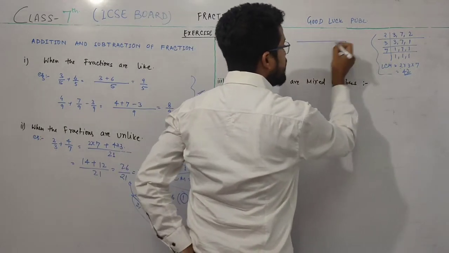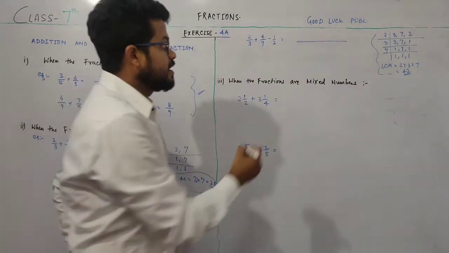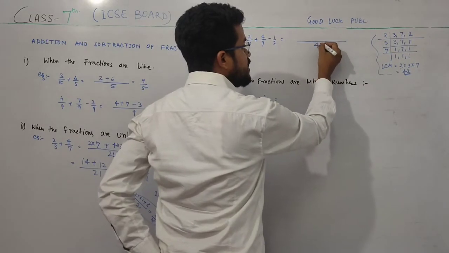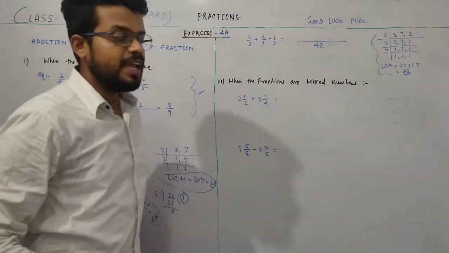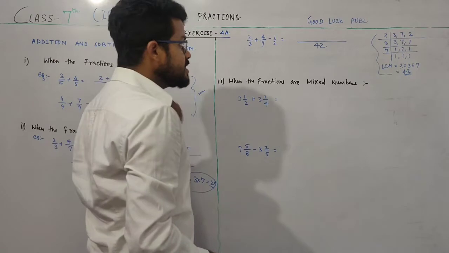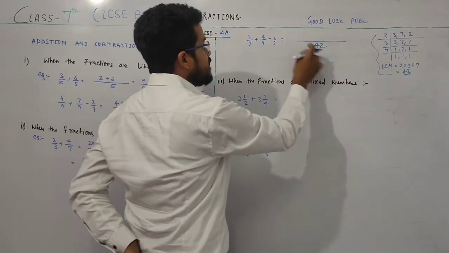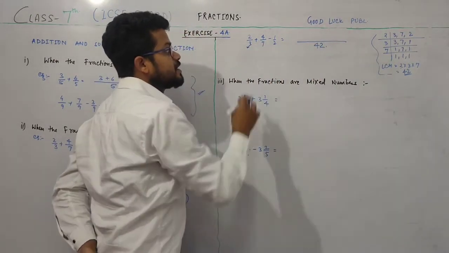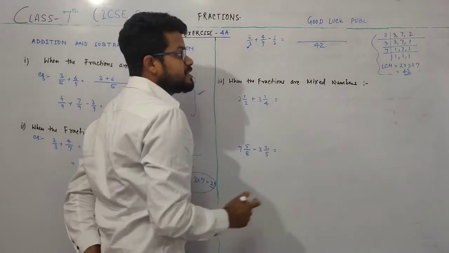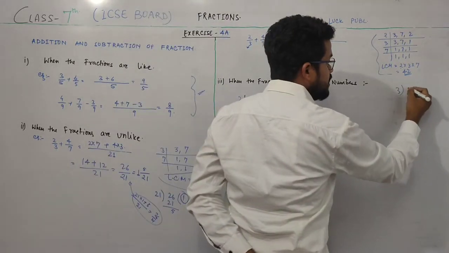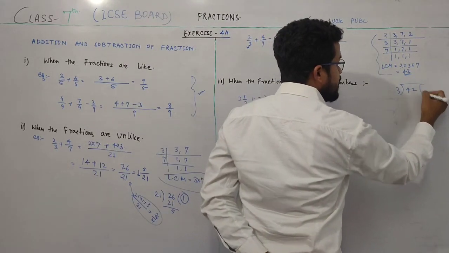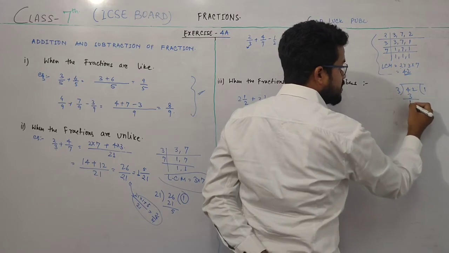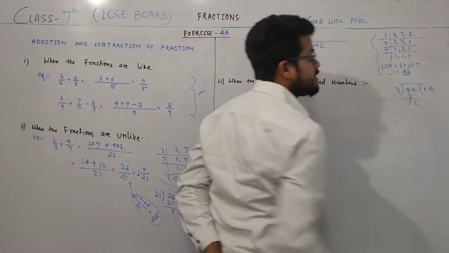Now I draw a horizontal line and write this 42 in the denominator. The next step is to divide 42 by 3.